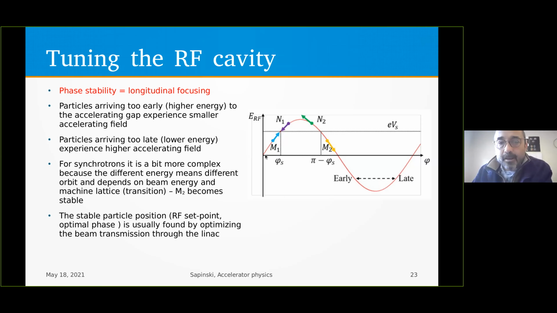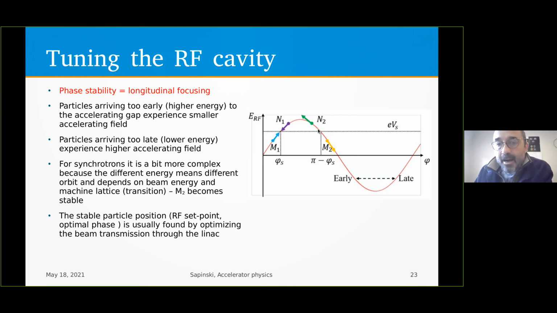But we want to accelerate particles. Can we do it on all this positive side of the oscillation? Well, we cannot really. Let's imagine that we have particles in this point M2. The particles always have some energy spread, that's what I mentioned before, around 10 to the minus 3. So it means some particles move a little bit faster and some move a little bit slower.